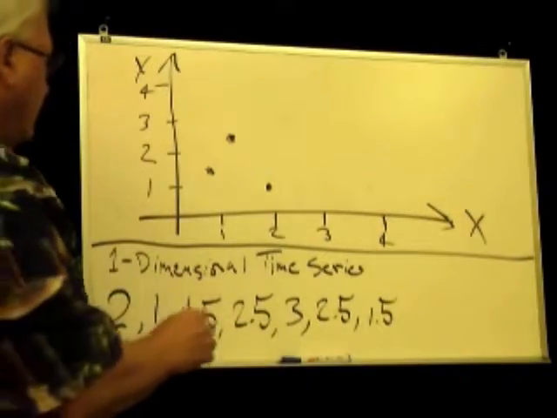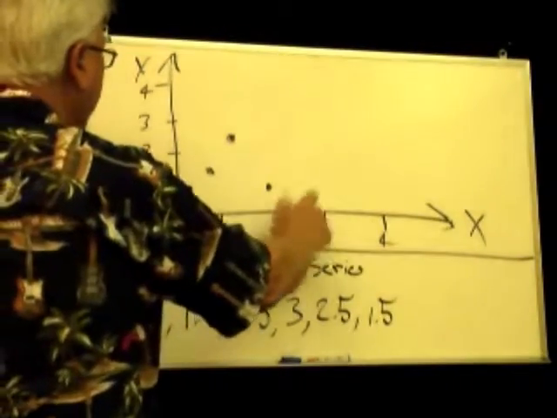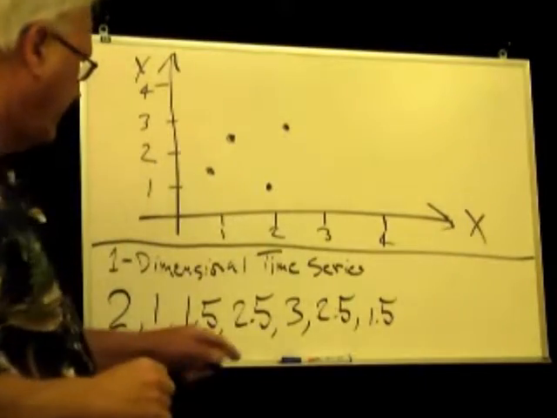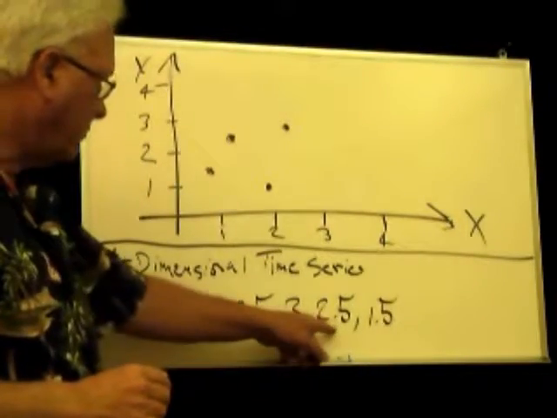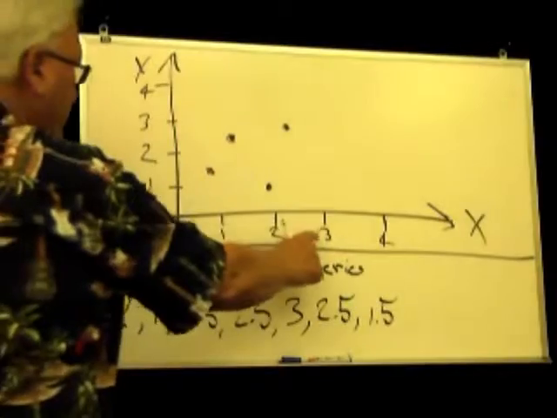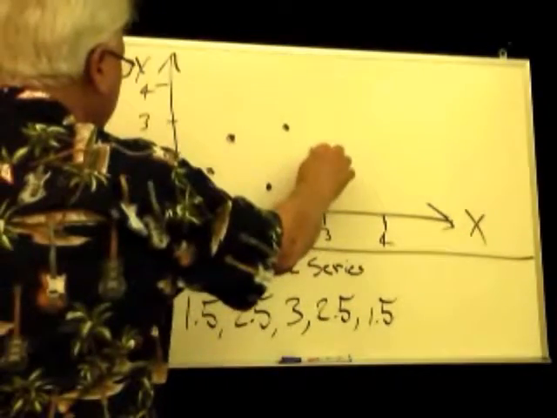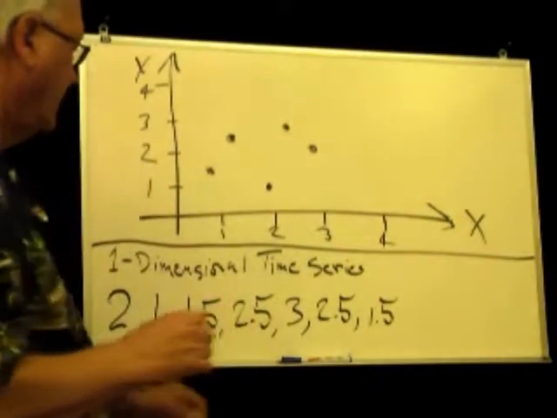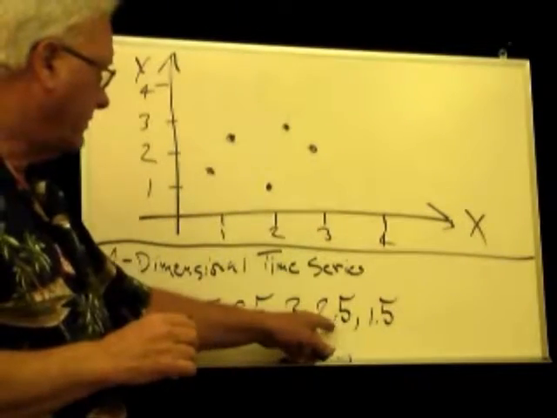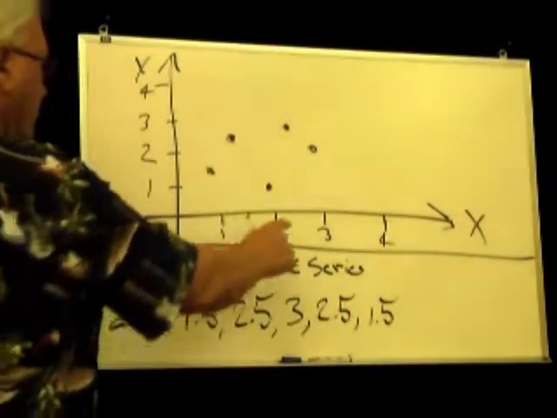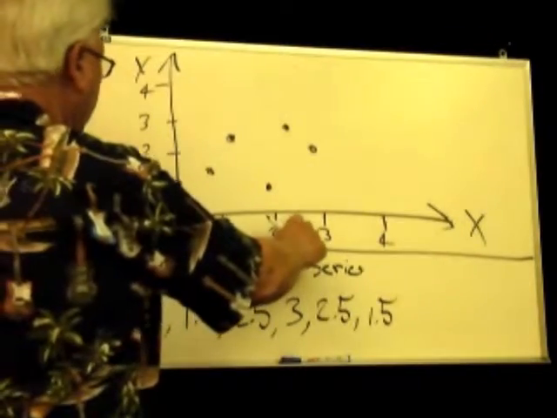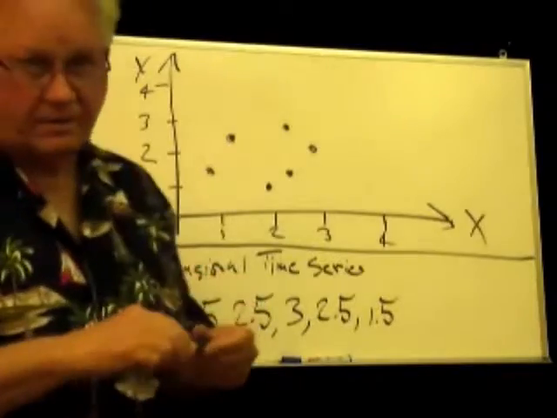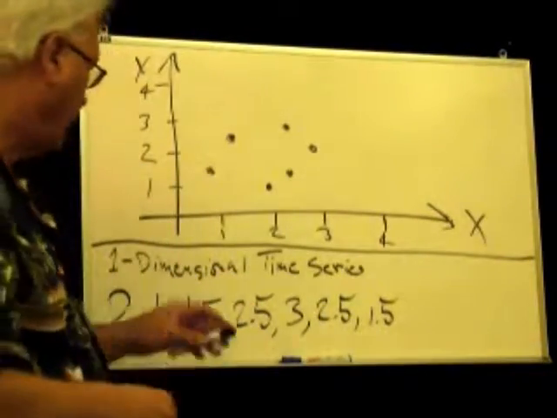Then 2.5, 3, then 3, 2.5, and then 2.5, 1.5. So now, look what's happening here.